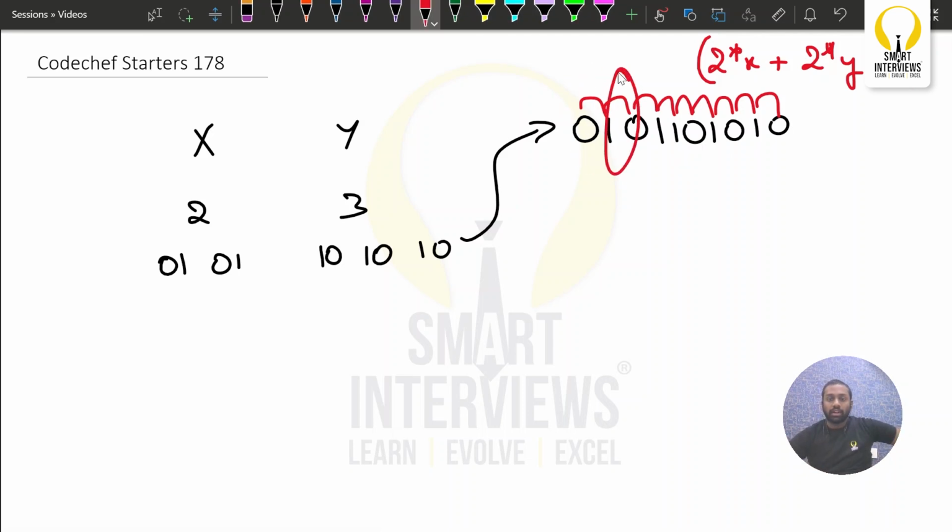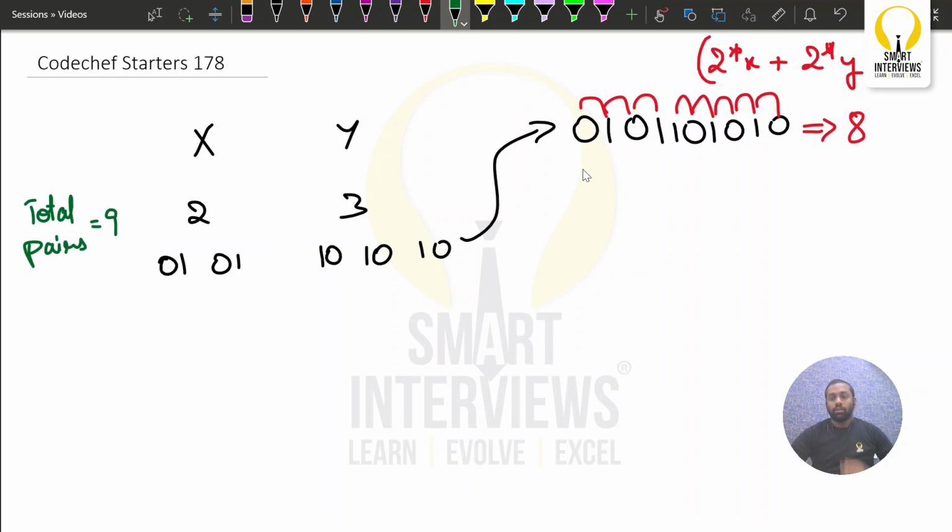The first pair is valid, the second is valid, the third is valid, the fourth is invalid, and the rest are all valid, making it 8. In total there were 9 pairs, and among them 1 is invalid, so 8 is one possible rearrangement's answer.